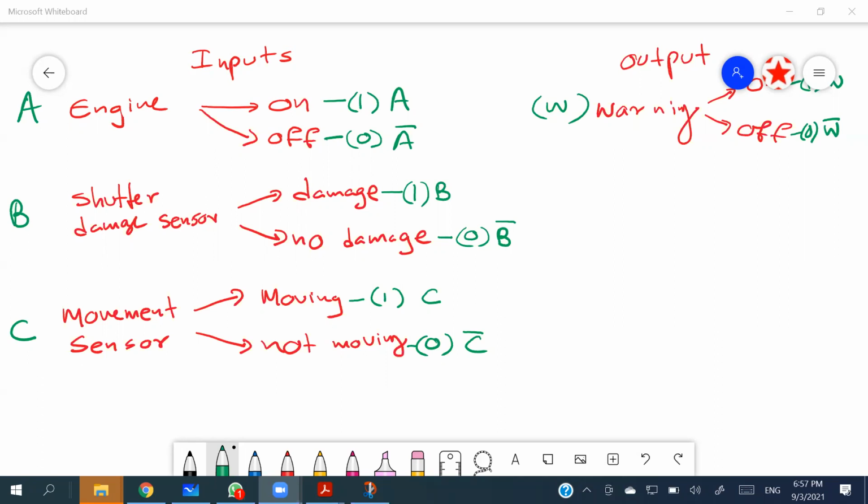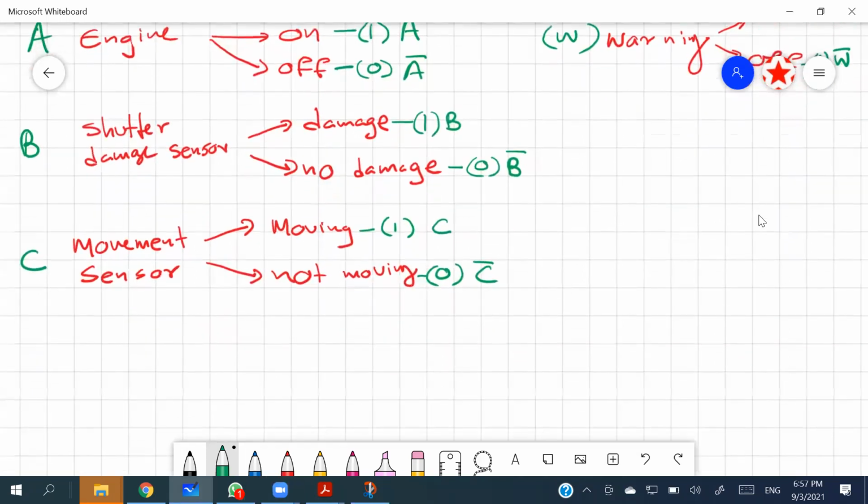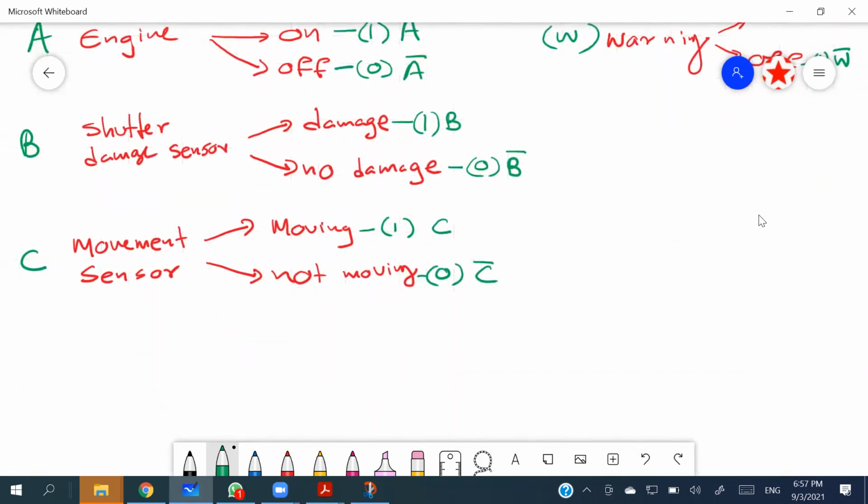So you can do your workings on the rough paper and you can just write the equation. That's all. Right? Okay, let's write the sentence. So how are we going to describe this?